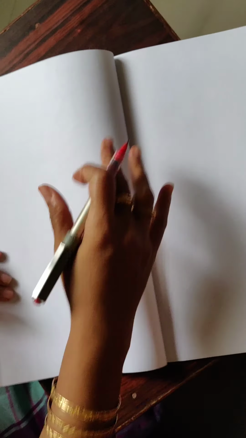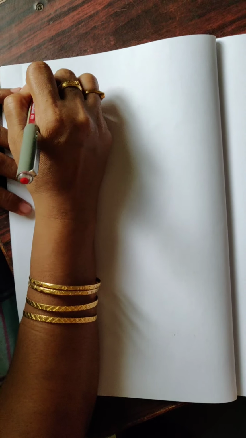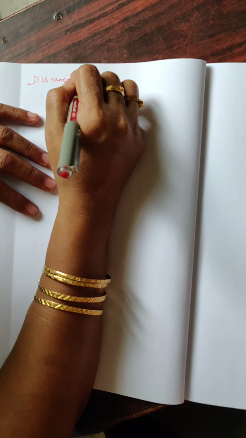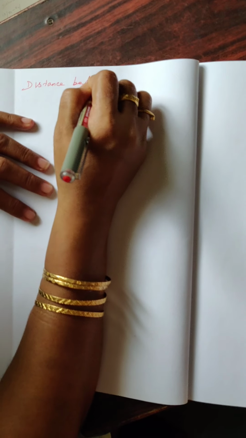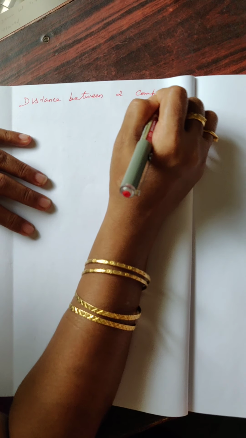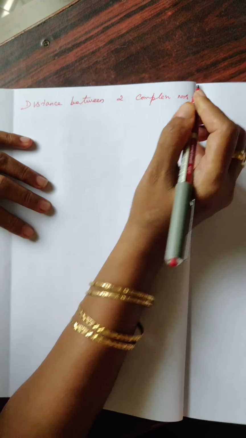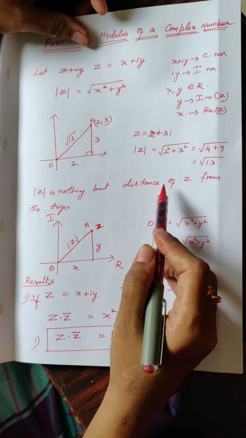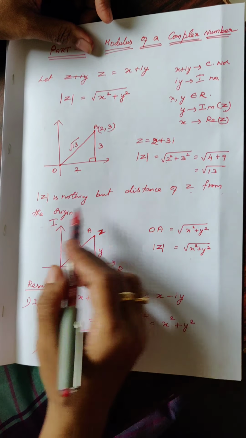The last concept in modulus is the distance between two complex numbers. See here, at first we saw the distance of a complex number from the origin only.